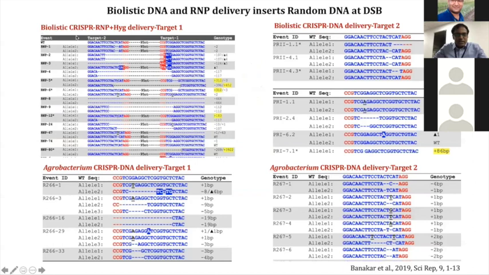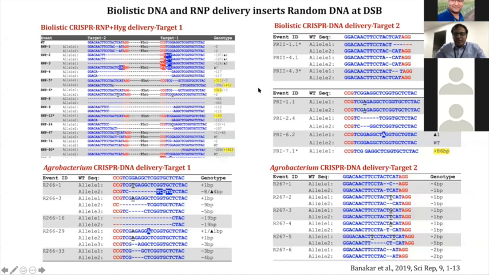What you see here, for example on the left side, is that we had fairly good editing efficiency in the case of CRISPR protein delivery along with the selectable marker as a plasmid. But what we tended to see was that fragments from the selectable marker were getting inserted in the cleavage site.